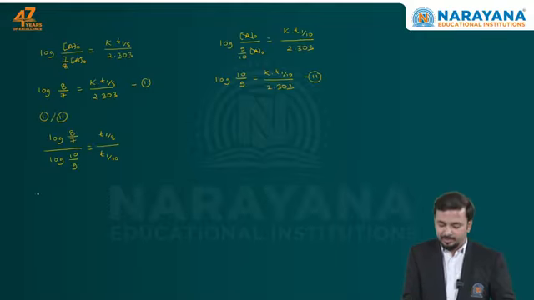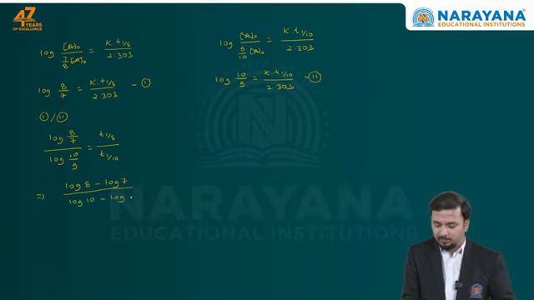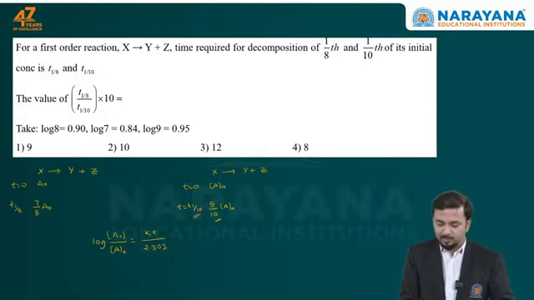If we simplify this, we'll get log of 8 minus log of 7 divided by log of 10 by 9, I can write log of 10 minus log of 9, that is equal to T1 by 8 upon T1 by 10. So I can write T1 by 8 upon T1 by 10 is equal to, log 8 they have given as 0.90, log 7 is 0.84.